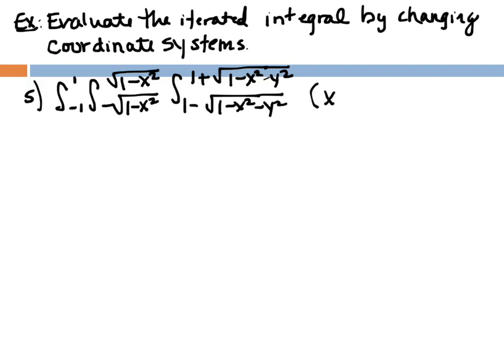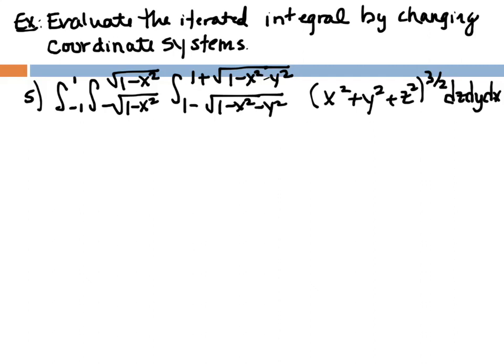And we're integrating (x squared plus y squared plus z squared) to the 3/2 power, dz, dy, dx. And as you can well see, this is not going to be friendly, if it even is doable at all in rectangular coordinates.